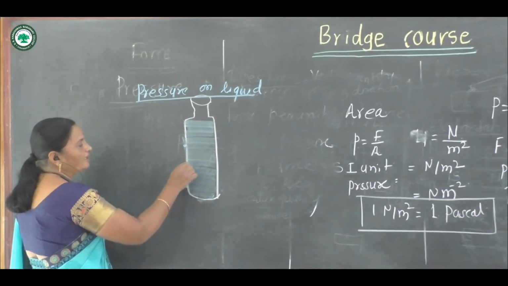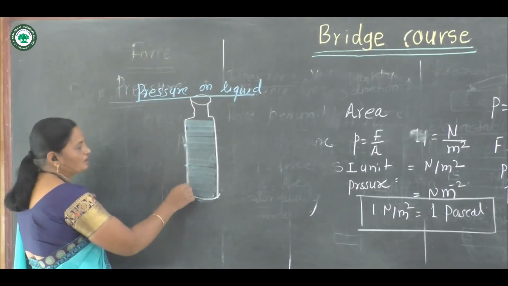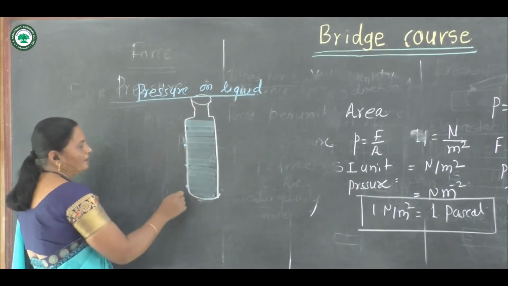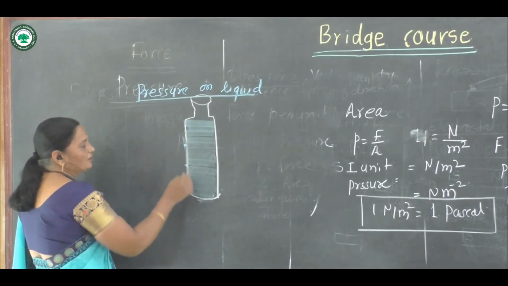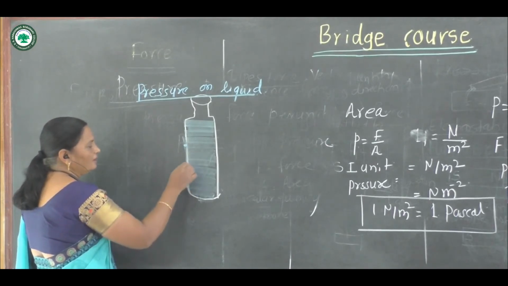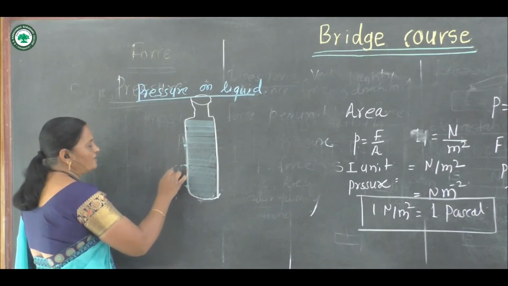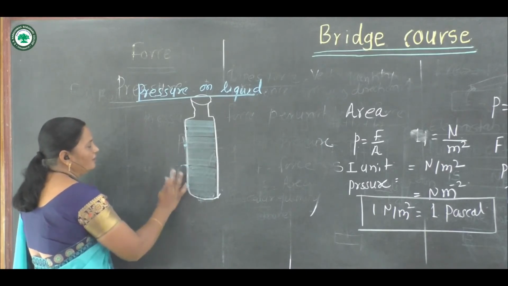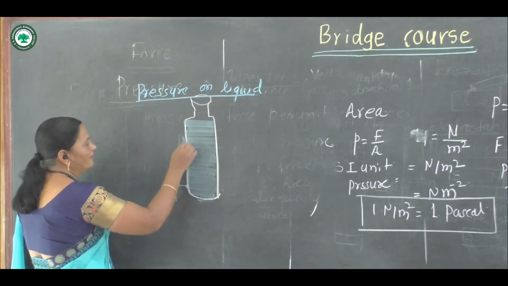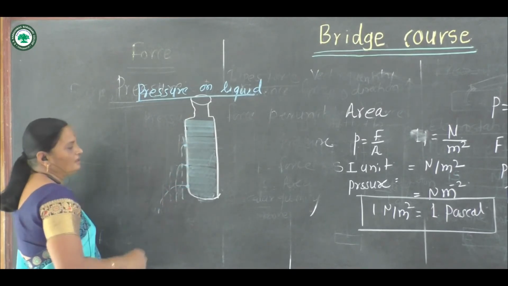There are 3 holes bored at different heights. The pressure is greater at the lower level, then at the middle level, and then at the top level.